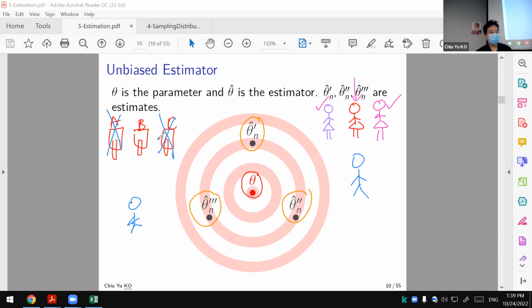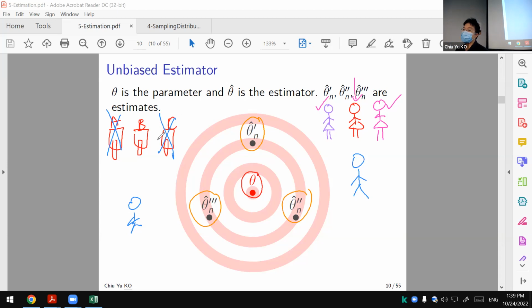And on average, you're hitting B. So you want to hit B, but you didn't do it. But with A and C, on average, you hit B, which is the target. It's not actually hitting it, but on average hitting it, then it's called unbiased. Is that clear? So it's a very weak concept.